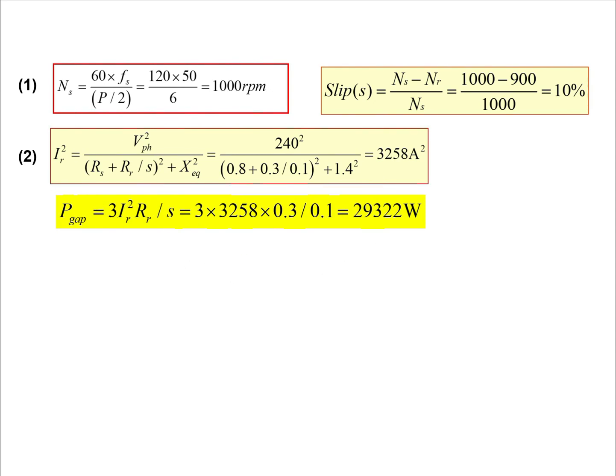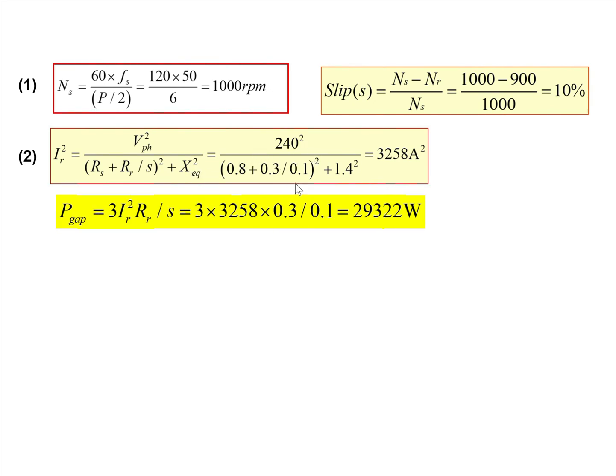But because we only need at this particular moment the value of IR square, we can calculate it as the voltage of the phase square divided by the magnitude of the impedance, which is the two resistors in series square plus the equivalent reactance square.